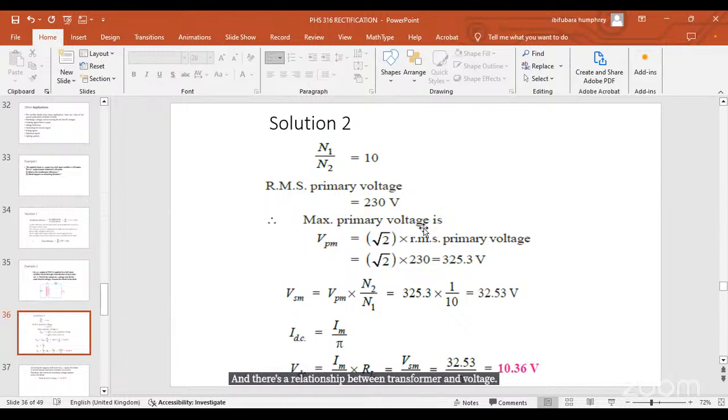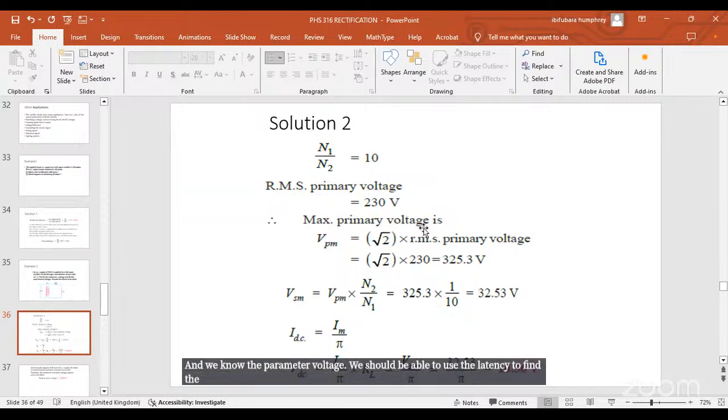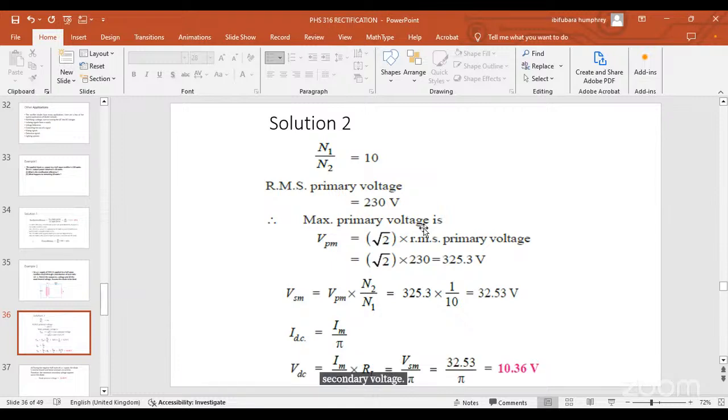VP over VS is equal to NP over NS. So if we know NP for primary turns and NS for secondary turns, and we know the primary voltage, we should be able to use the relationship to find the secondary voltage. So that is what we have there.